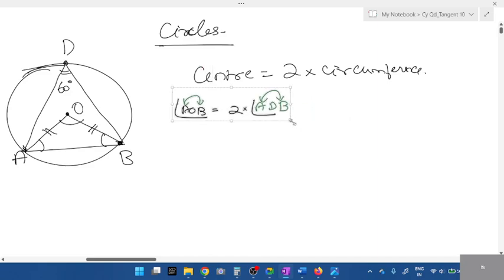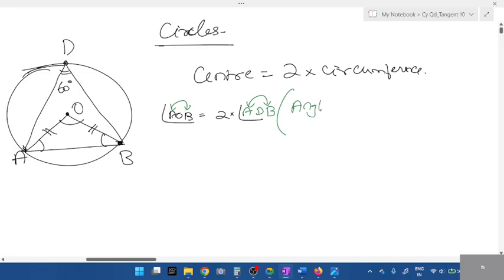Amy, how do you convert this into a sentence? Into a proper sentence. What is this AOB? We call it an angle. Yes. Angle formed at center.